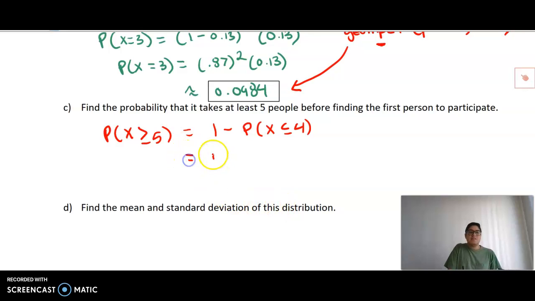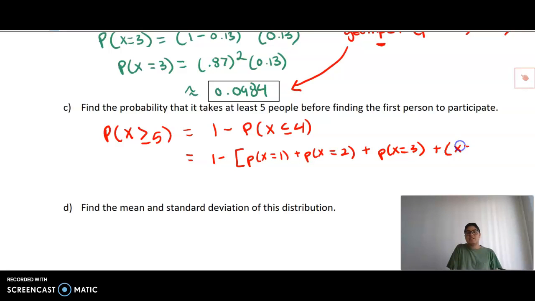This would be the same as adding up the probability it takes 1 person plus the probability it takes 2 people plus the probability it takes 3 and 4. Because I don't care which one of those cases it happens in, I just care that it happens after these cases. Well, we can figure this out by using a different command.